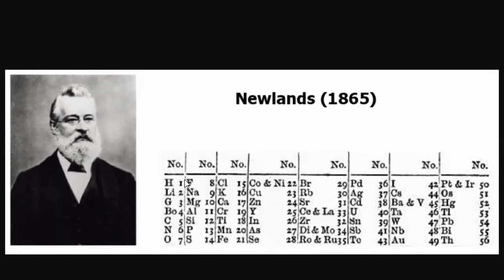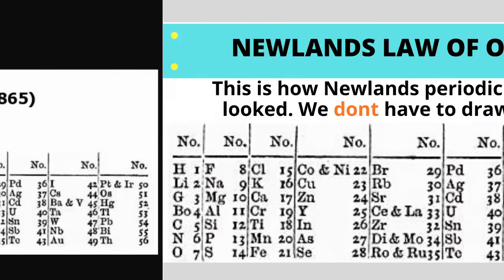Until now, people didn't. This is not the weight of it. It is a number. So he said all these elements: fluorine, hydrogen, chlorine, cobalt and nickel, bromine, palladium, iodine, platinum, iridium, he said all of them have the same property.